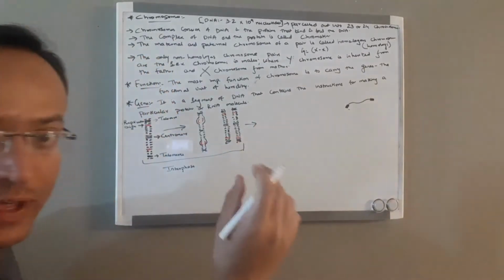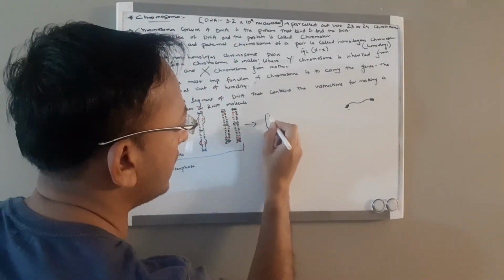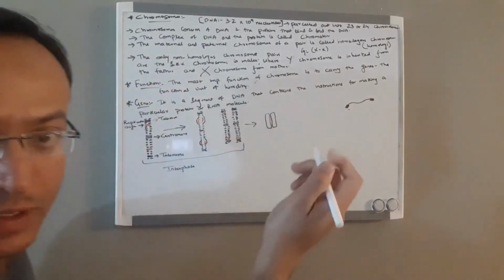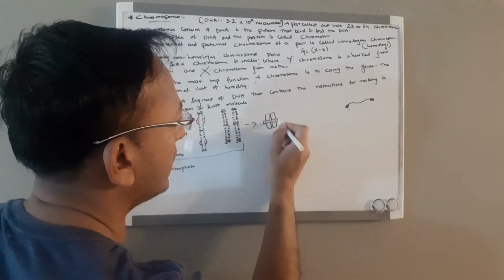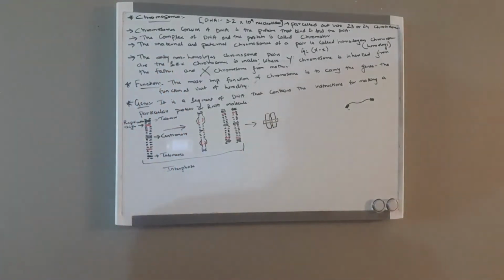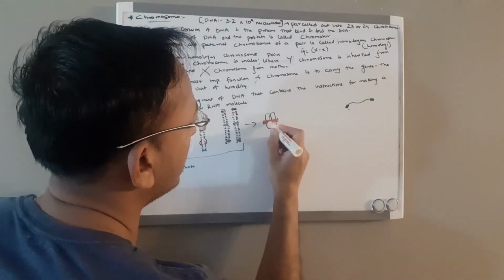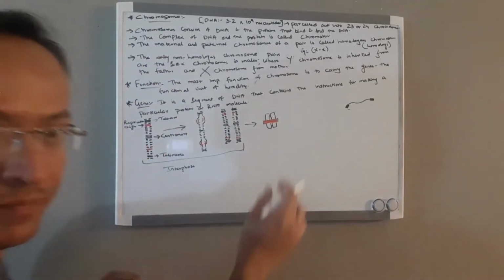Then in M phase, what happens? It's maybe just a random picture that I'm making. Something like this, and let me use a different color. Not a very good picture, but something like this.